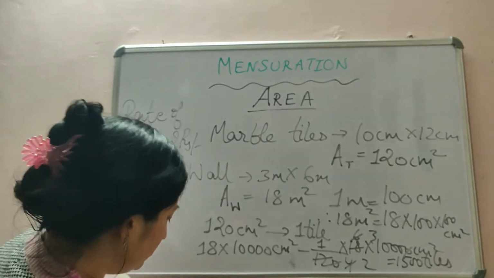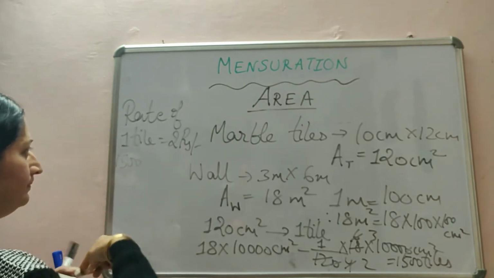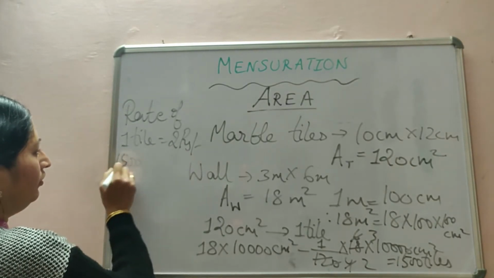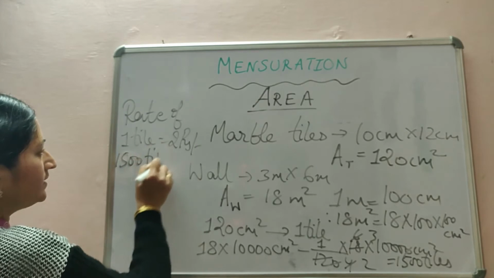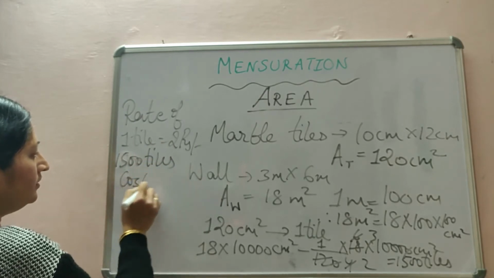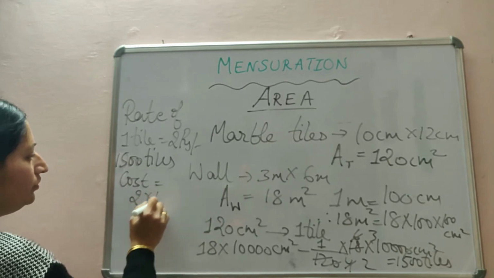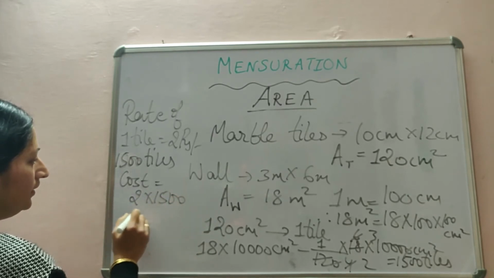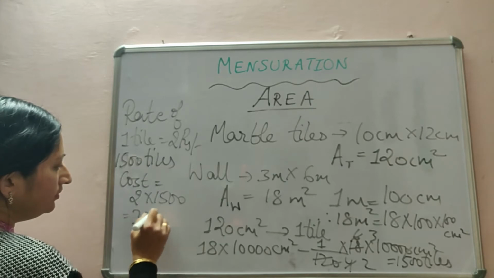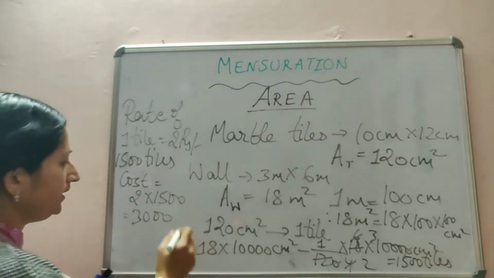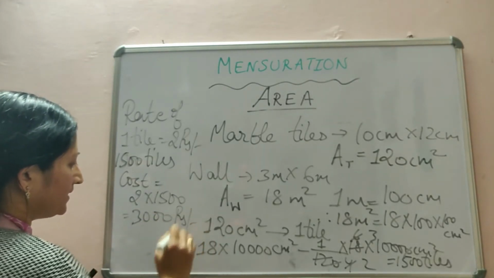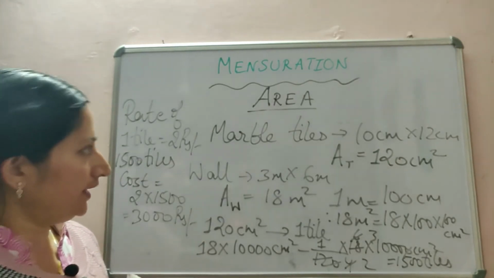Let's find out. Of 1500 tiles, cost will be equal to 2 into 1500, that is equal to 3,000 rupees is the cost of the tiles.